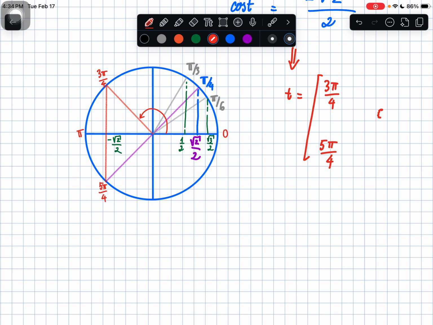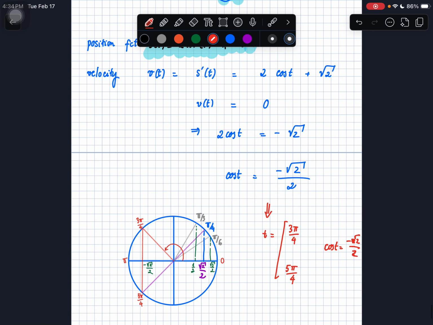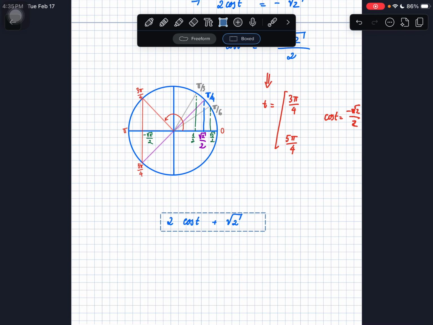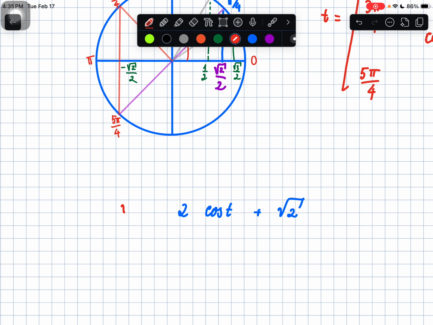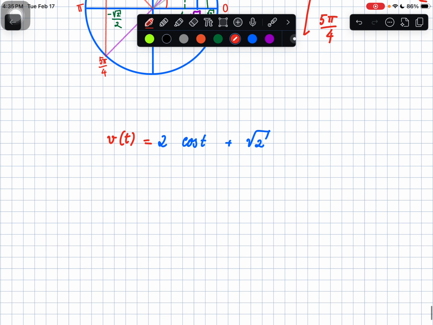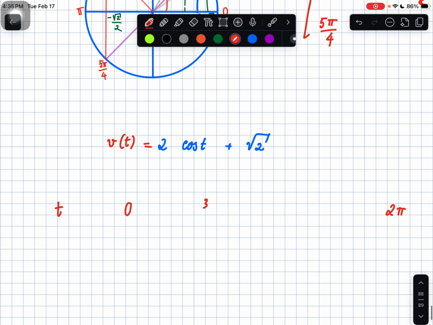Cosine t is minus root 2 over 2. So you have this function v(t). So we have t from 0 to 2 pi, 3 pi over 4, 5 pi over 4.